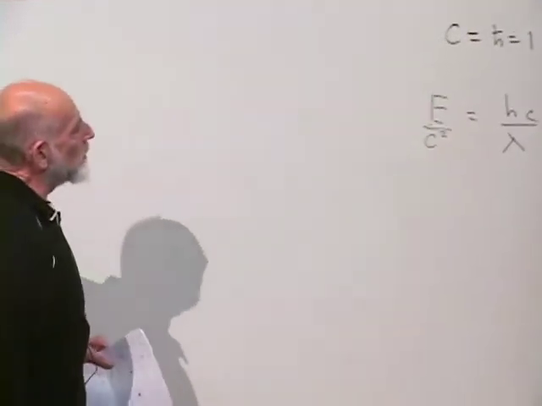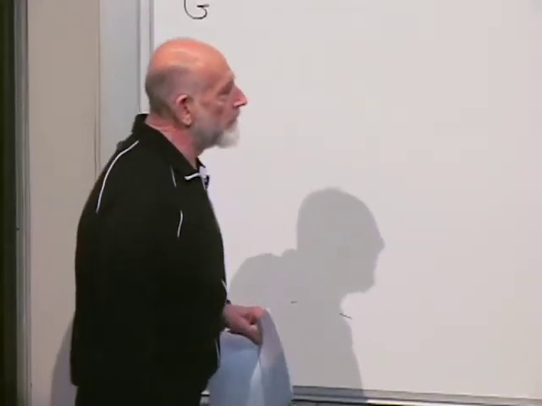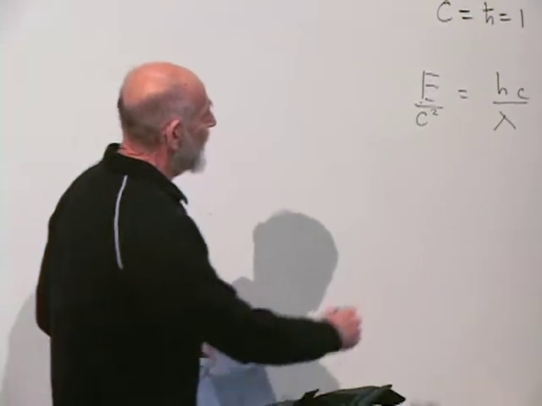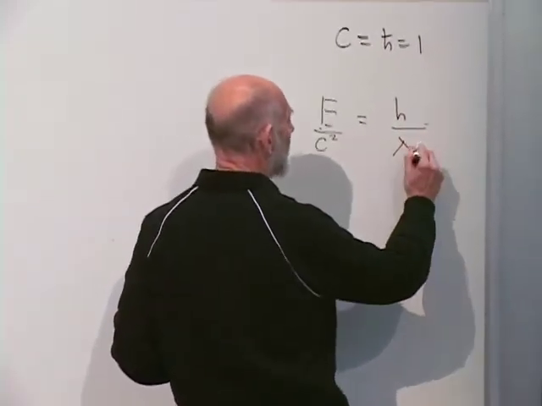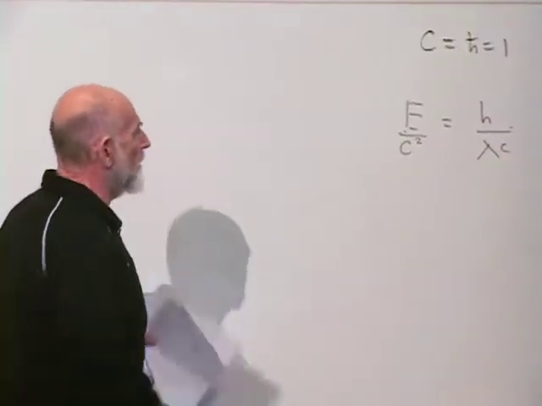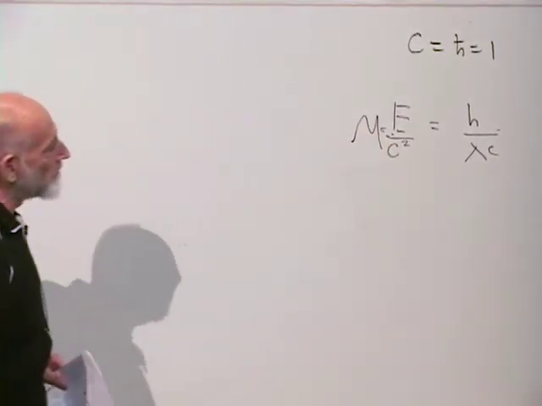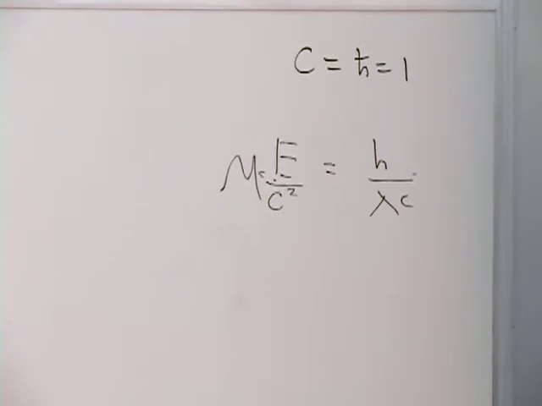There were lots of people who knew that E over c squared was equal to m, but it took the genius of Einstein to realize that E is equal to m c squared. True. All right, so we put another c in here and c downstairs, but I don't really care. Now this is m. I don't really care where the c's are because we're going to set them equal to 1.